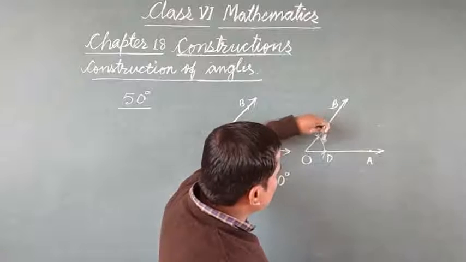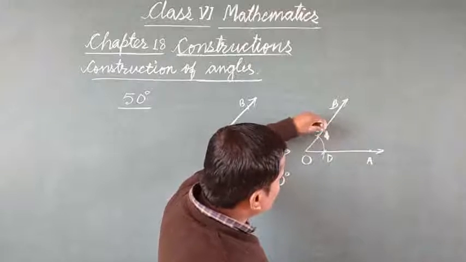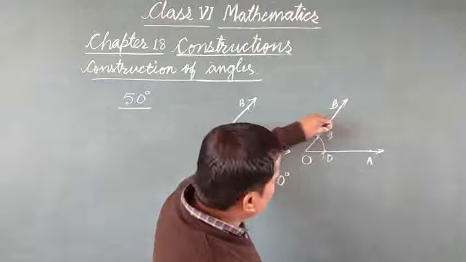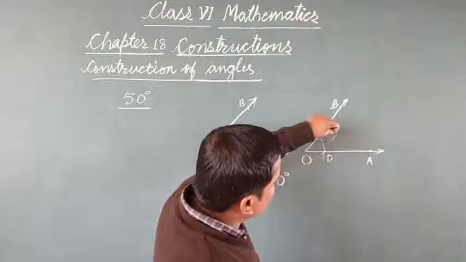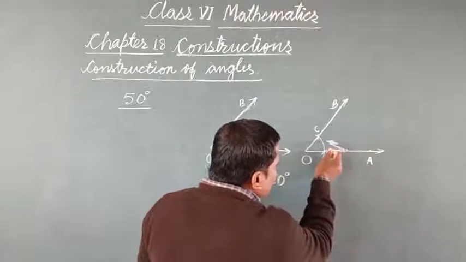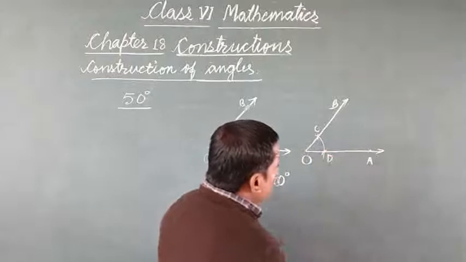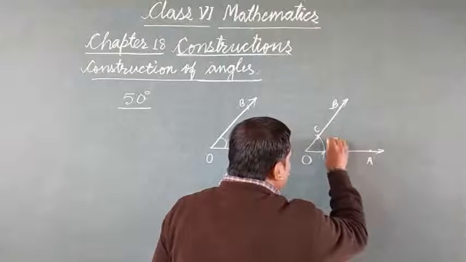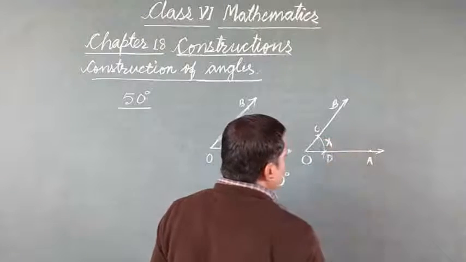Suppose this is the length. Taking C as a center, I will draw an arc of this radius. With the same radius, taking D as a center, I will draw another arc. Now I will get a point of intersection here.